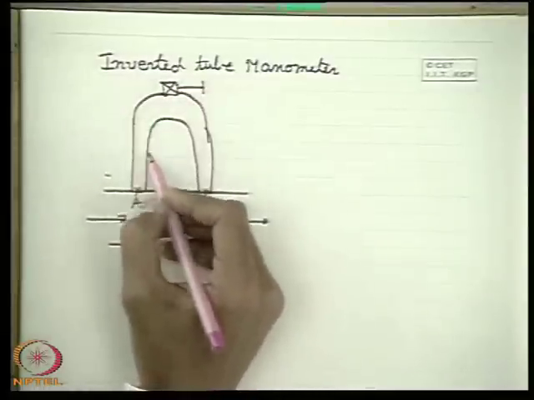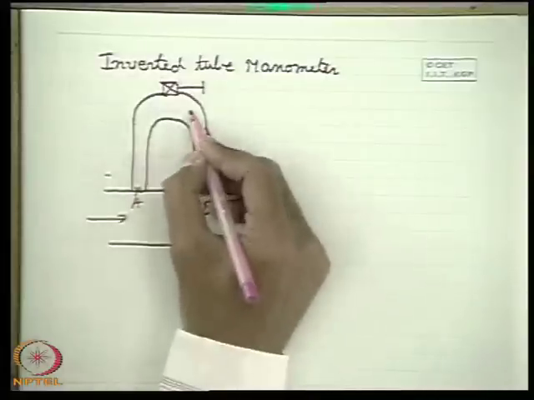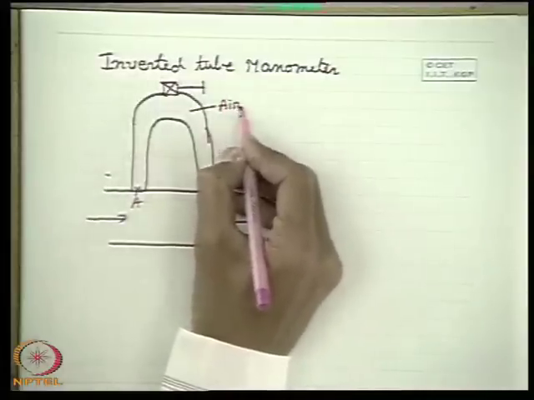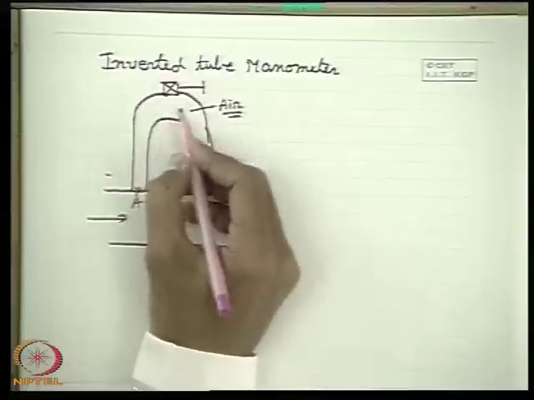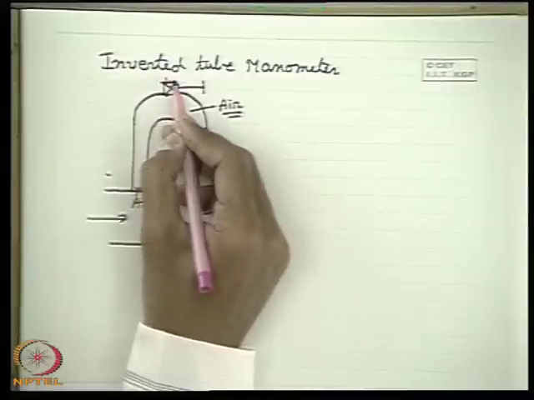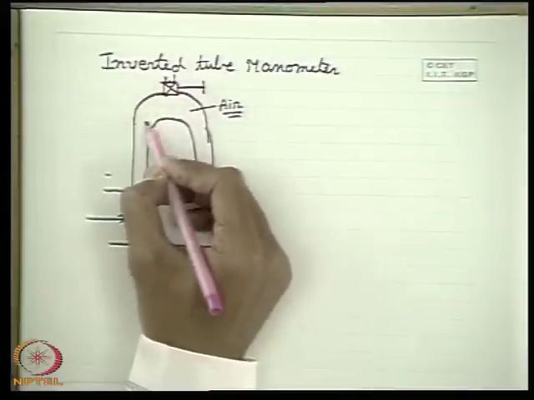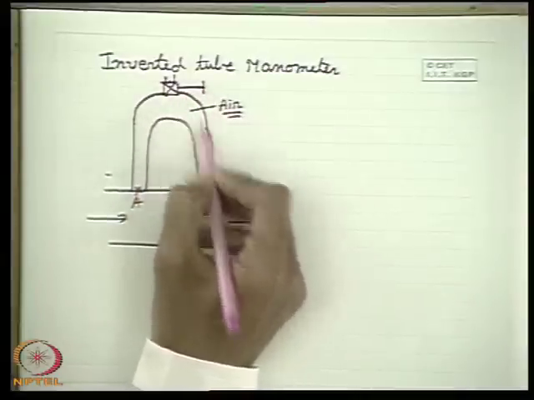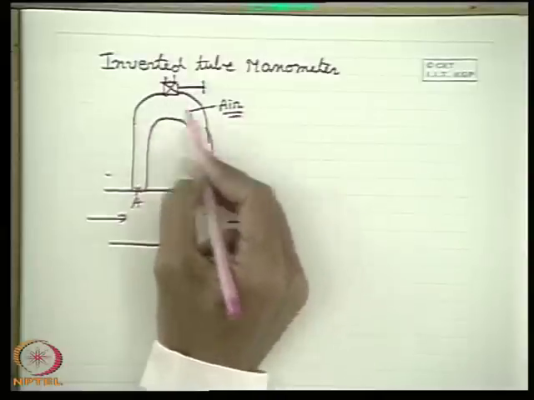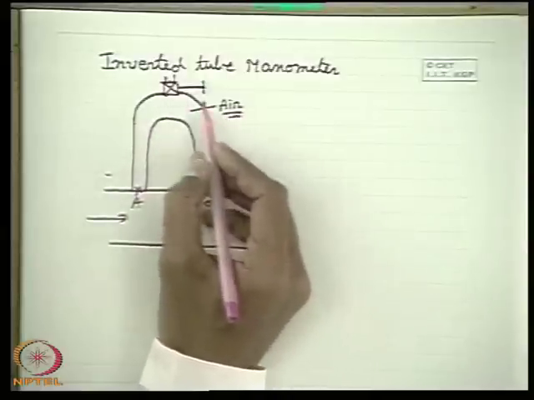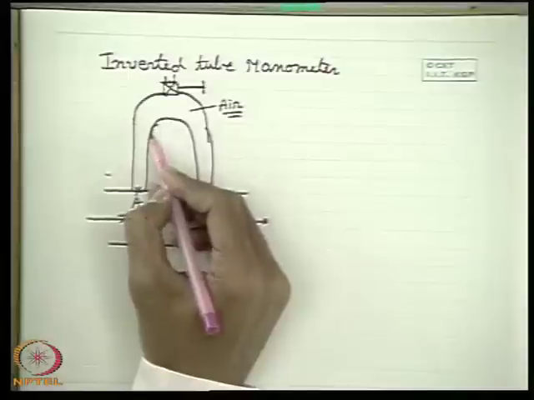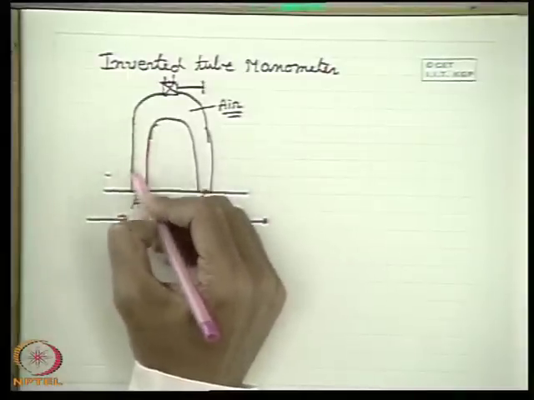The inverted tube manometer contains air as the manometric fluid, with some pressure. The pressure of the air is adjusted by the valve. That means, if you open the valve, some air may come out and the mass of the air is reduced, so the pressure in the closed system of the air is reduced. This way we can change the pressure of the air inside it.